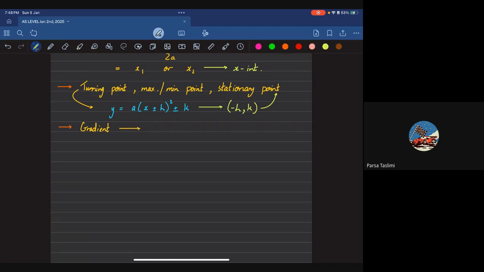One is not going to be used in your syllabus, tangents, but you still need to know. So you can calculate the gradient via tangent and differentiation, which obviously is a major part of our syllabus. So we're going to come back to it soon as well.